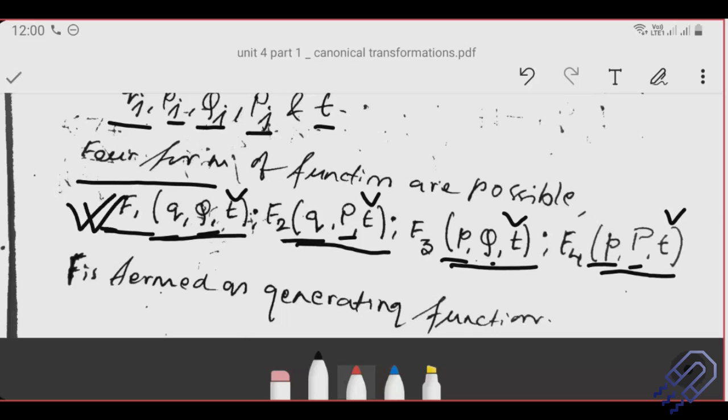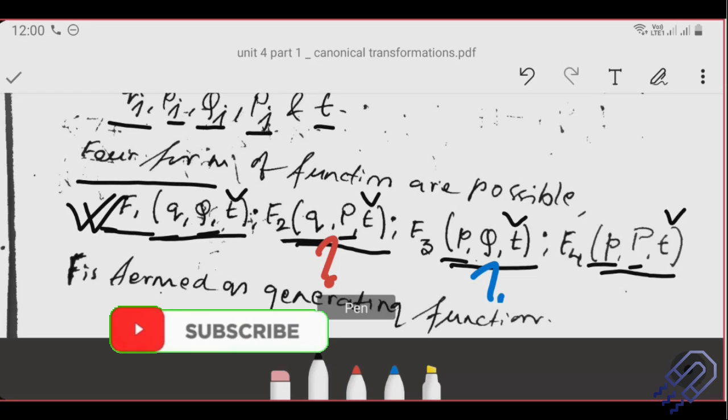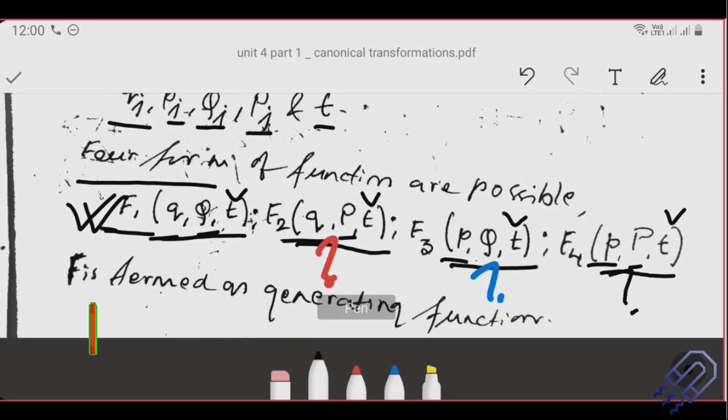So this is left, this is the second form. Just find out what will be the second form, and then also find out what will be this form. Try to find out all the three forms. If you do it once on your own, you can go from any generating function to any generating function. It will be easier for you. So good practice.